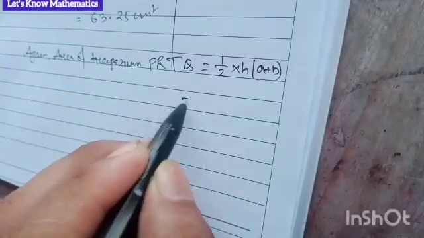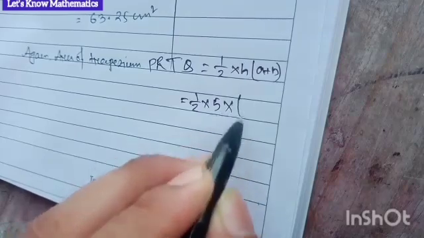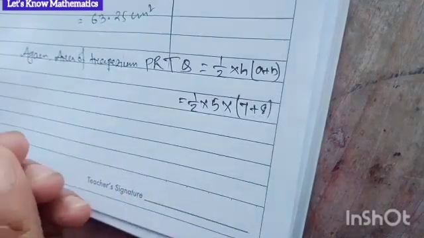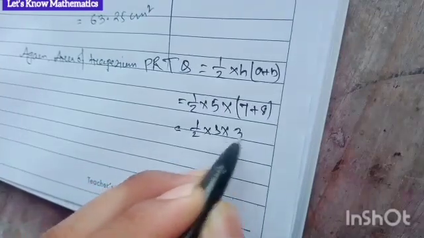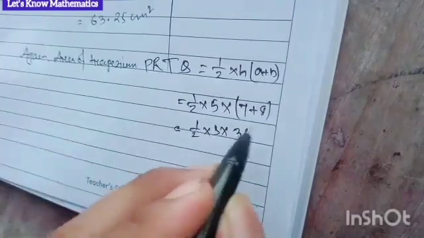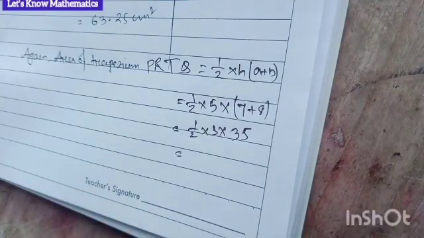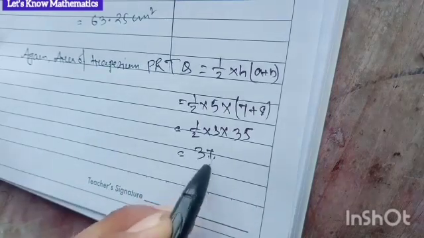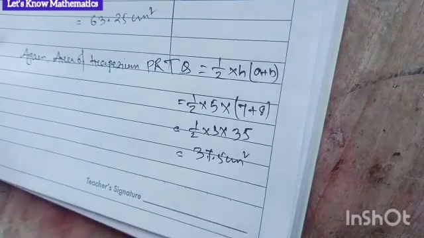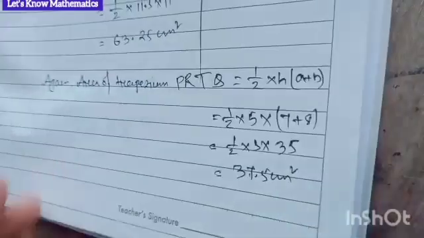So 1 by 2 into 5 into (7 plus 8), that means 1 by 2 into 5 into 15. If you multiply and divide, you will get 37.5 centimeter square.